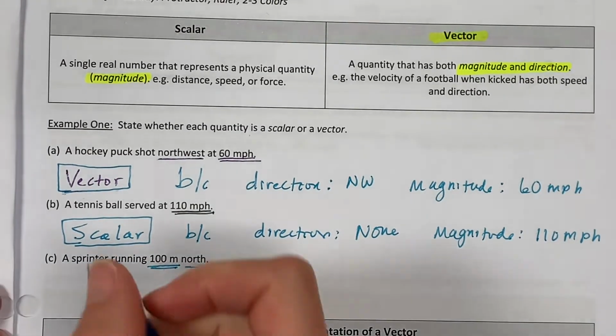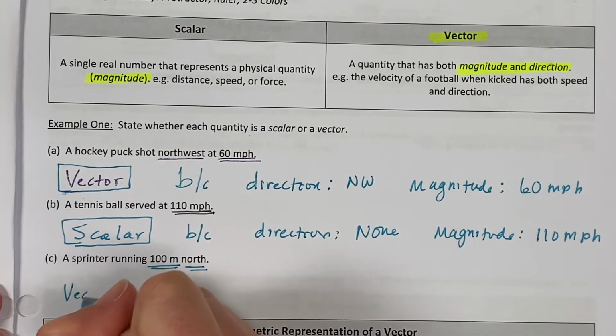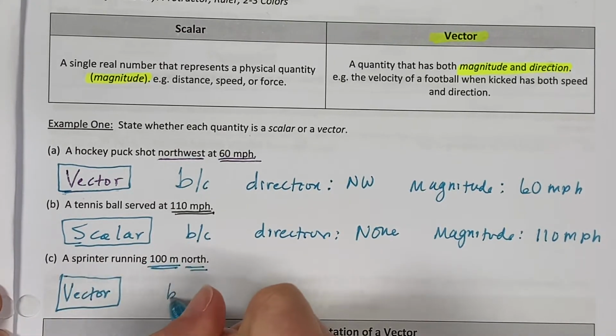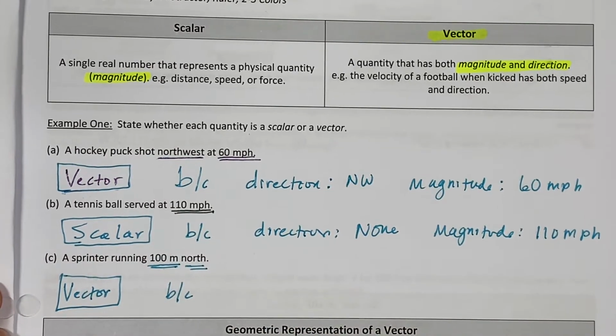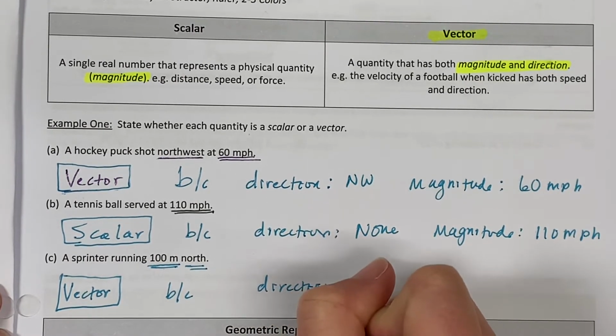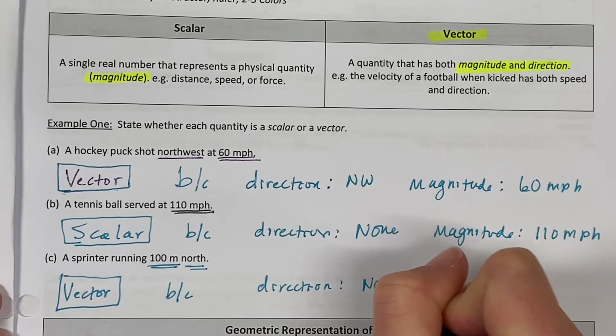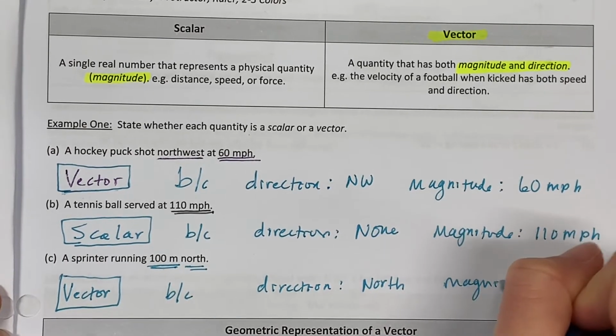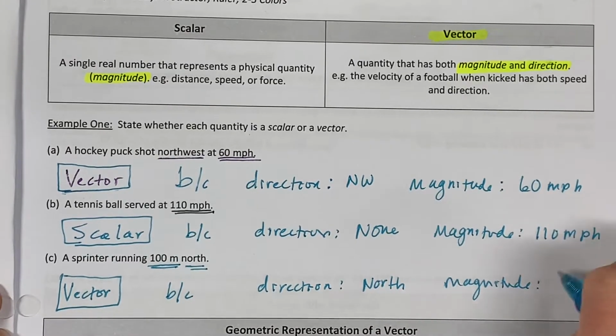So this situation represents a vector, and the reason is because it gives us both speed and direction. The direction that he ran was north, and the magnitude was 100 meters.